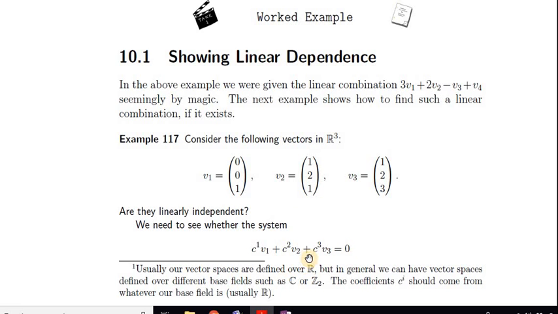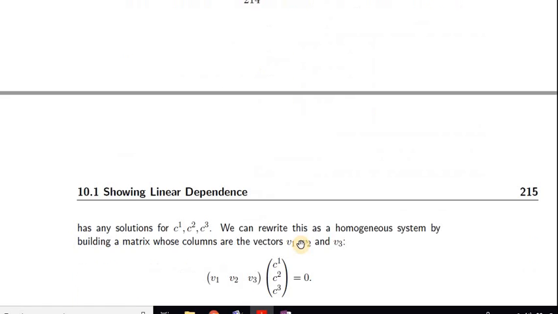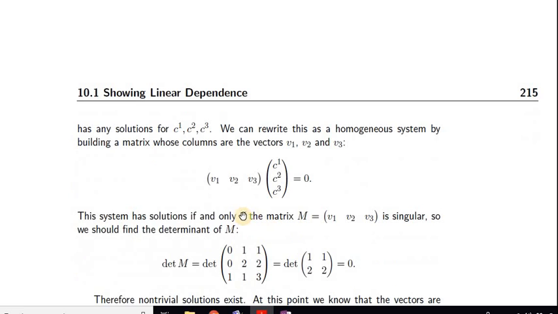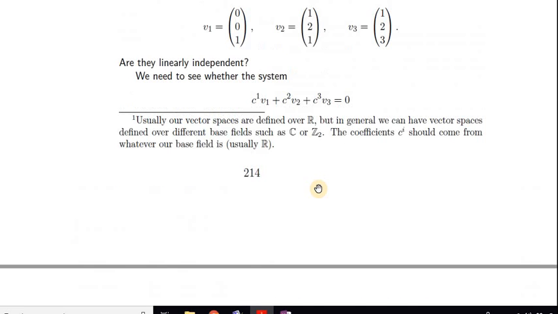So I can recast this as a matrix vector equation. The v1, v2, v3 are column vectors. So this is a 3 by 3 matrix. This 3 by 3 matrix times this 3 by 1 column vector equals 0 expresses this same relation.